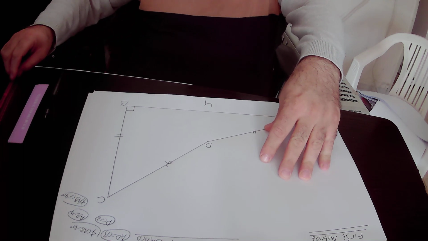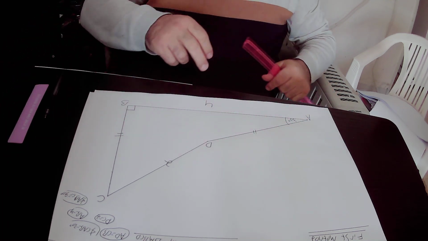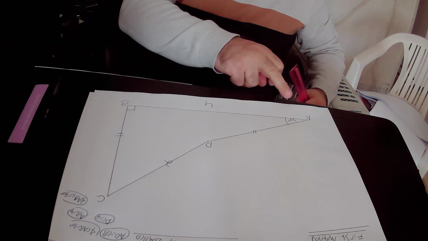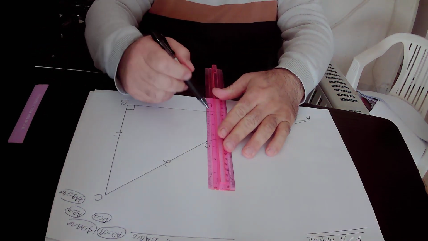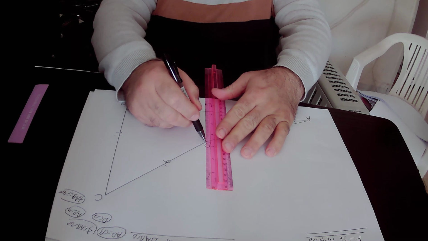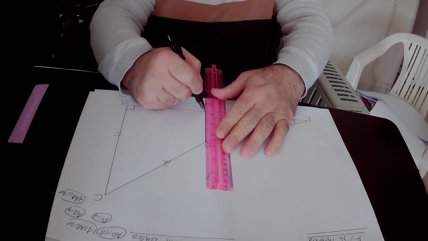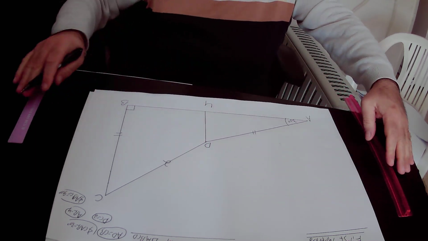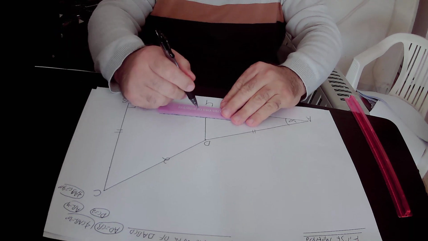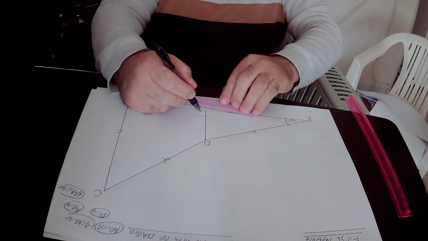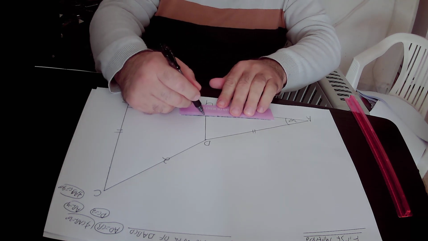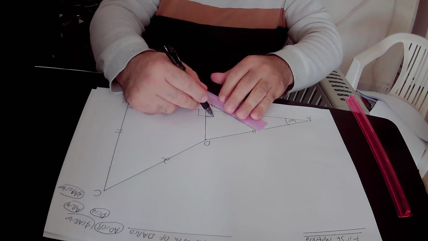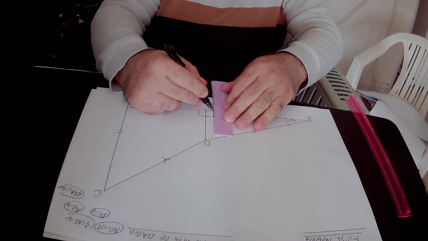From point D, we will draw a perpendicular to AB. So this angle will be equal to 90 degrees, and this angle will also be equal to 90 degrees.